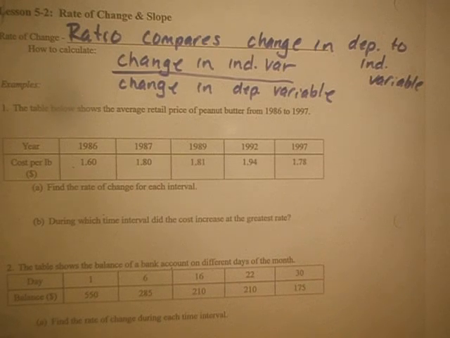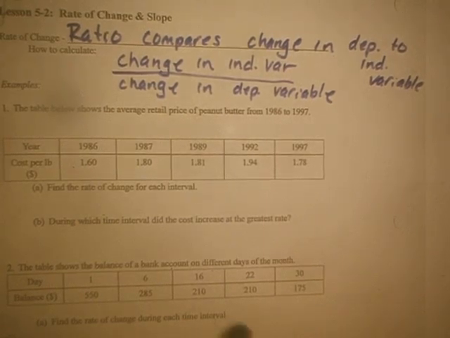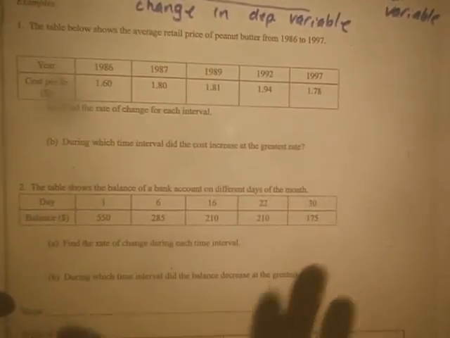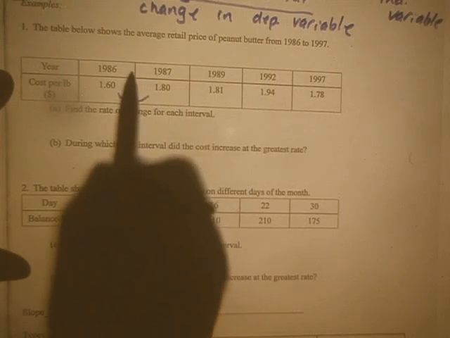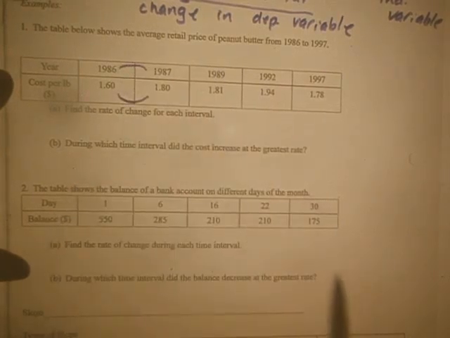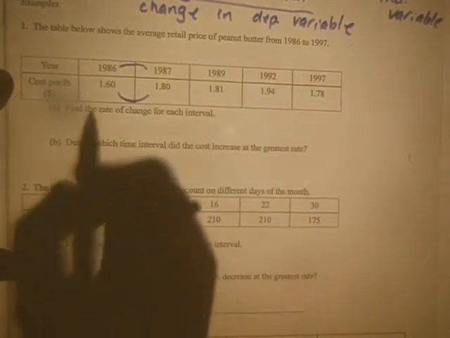We are asked, the table below shows the average retail price of peanut butter from 86 to 97. We are asked to find the rate of change for each interval. So we're going to subtract the top two and divide.